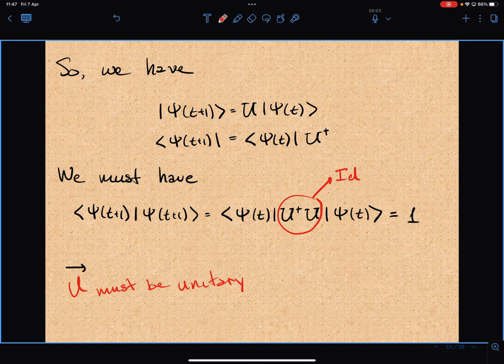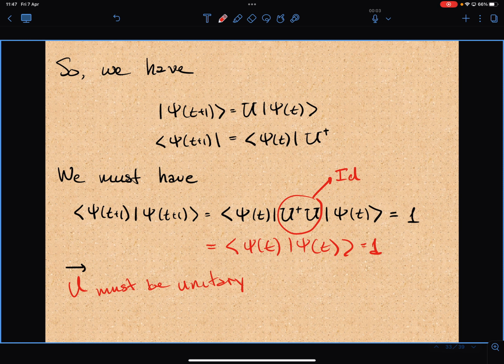So then we have that this is equal to, and since we already had that the total probability of that is equal to 1, we're going to have 1. So here, I really just wanted to motivate this unitary condition.